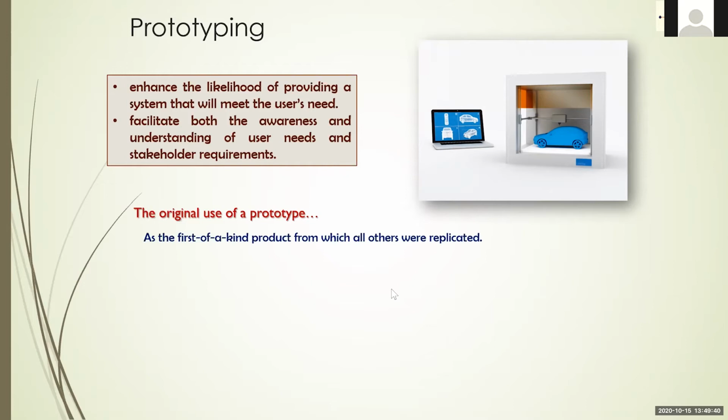Now, talking a little bit of history, when they were using the word prototype some time ago, it was the first-of-a-kind product from which all others were replicated. And this is very common still in manufacturing. In manufacturing, it's common that you have an organization that gets customer requirements and understands the purpose of the system.